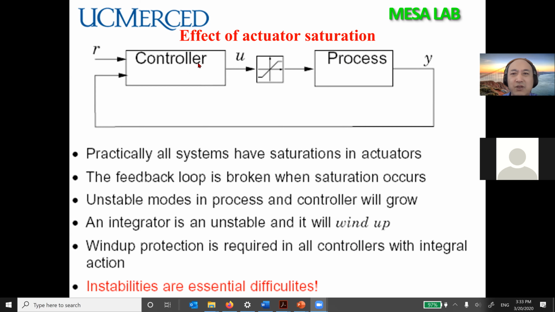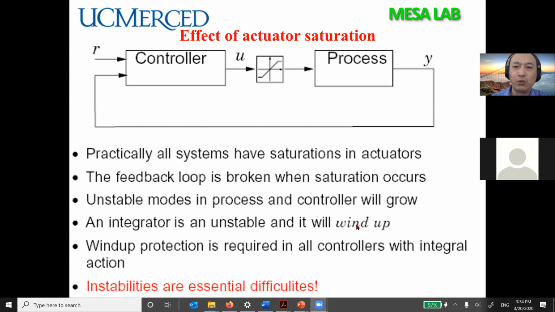The controller I'm doing here may not be a PID, but I just tell you that in general, there's an actuator saturation here. Okay, and this saturation usually will give us trouble if we don't consider it carefully. So if we do PID in here, the integrator inside the PID will have something called integrator windup.